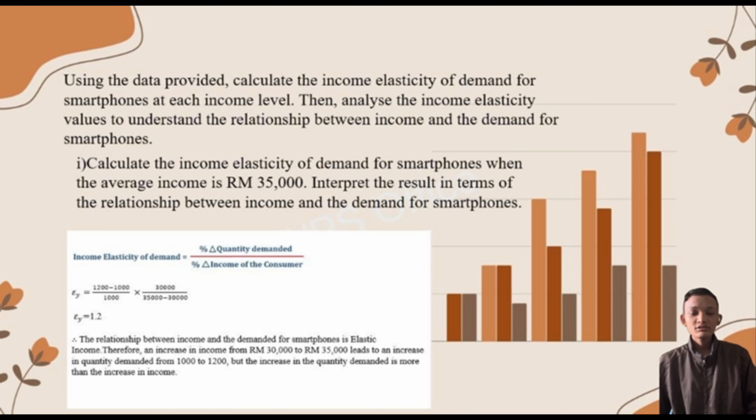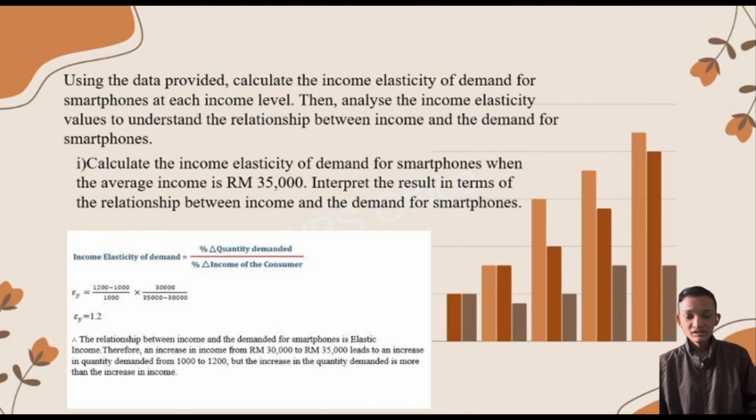It says, calculate the income elasticity of demand for smartphones when the average income is 35,000 ringgit. Interpret the result in terms of the relationship between income and the demand for smartphones. So the equation of income elasticity of demand is the percentage change in quantity demanded divided by the percentage change in income of consumer.